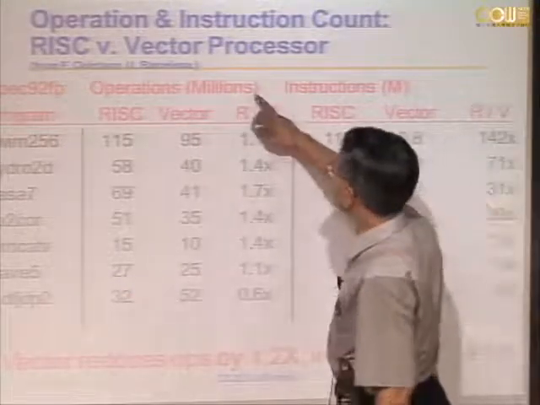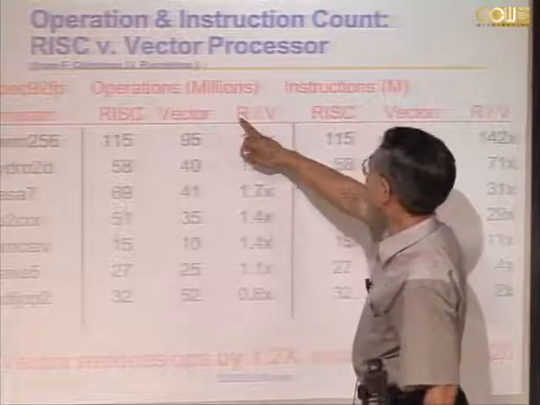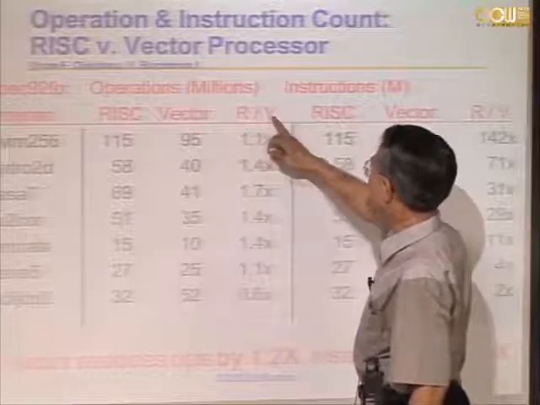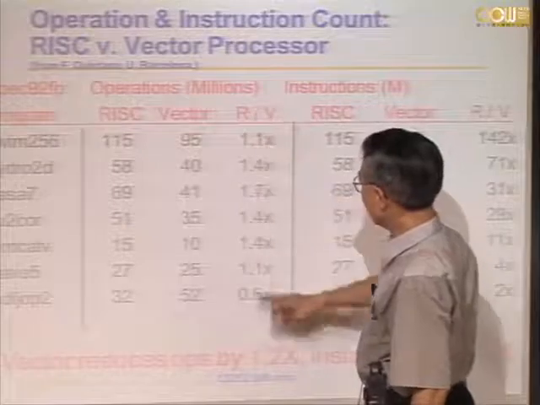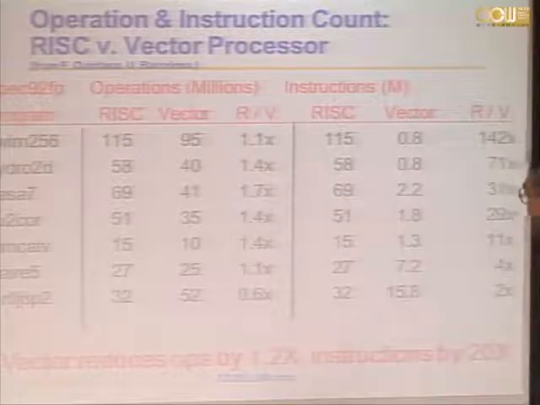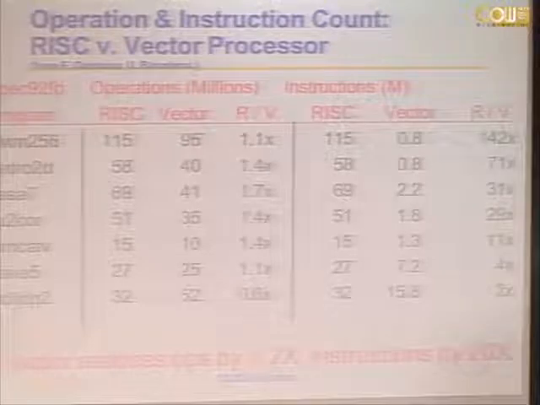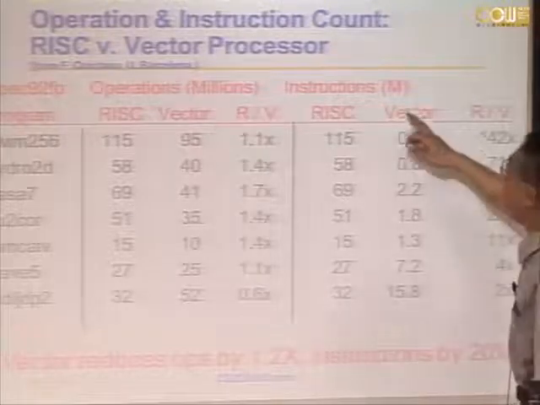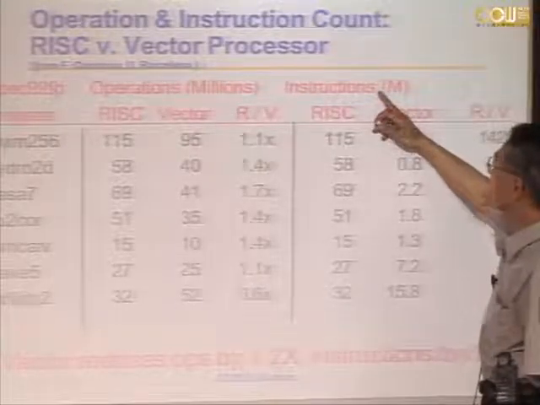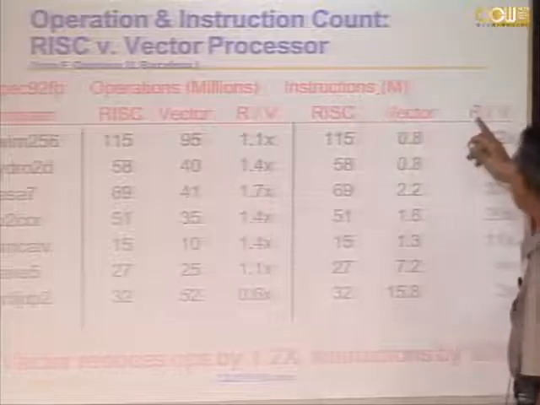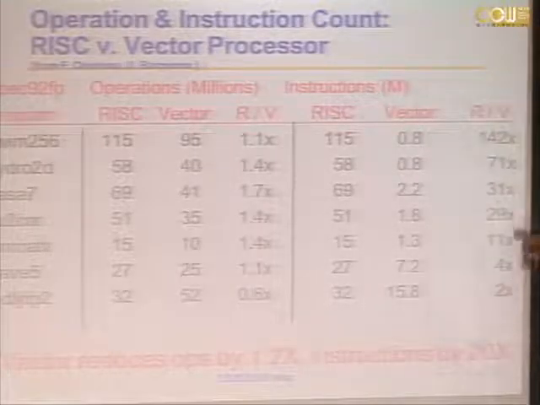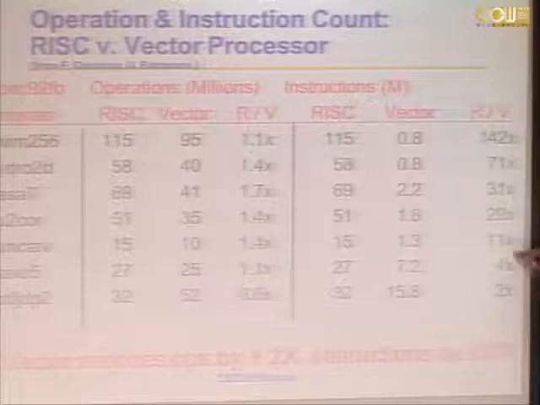So the operation ratio, RISC type versus vector type, will be like 1 point something times. However, the instruction count ratio will be close to 100 times.